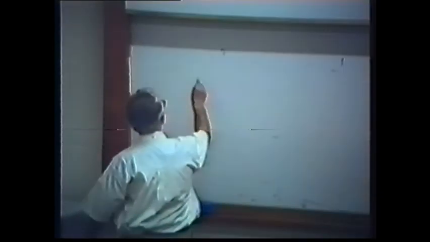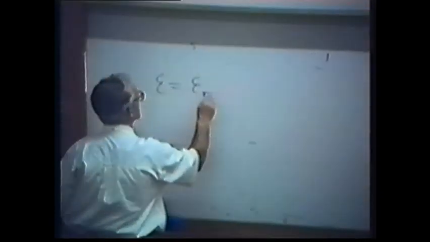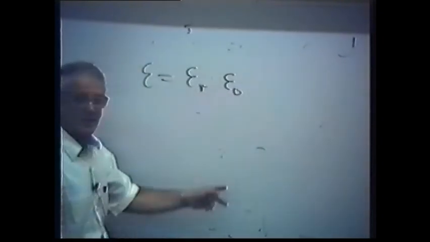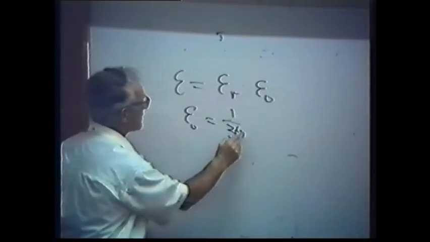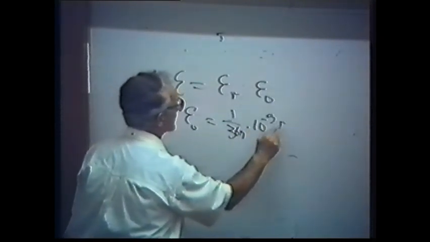If I ask you, what is the dielectrical constant of water? What is it? 80. Relative. Because the electrical constant is epsilon R times epsilon naught. In practical system of units, epsilon naught is a constant, 10 to the minus 9 farad per meter.